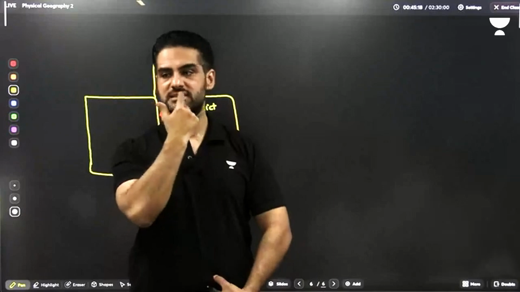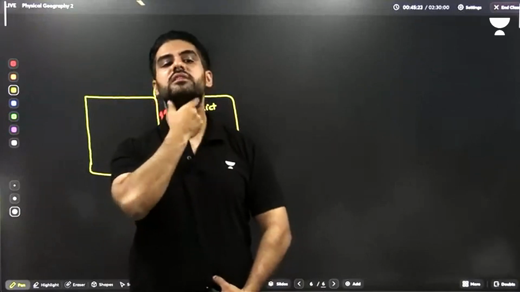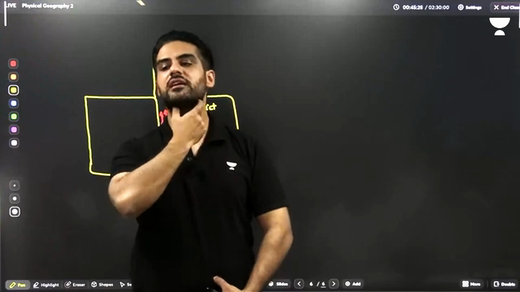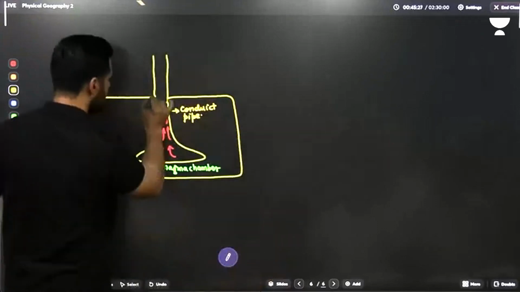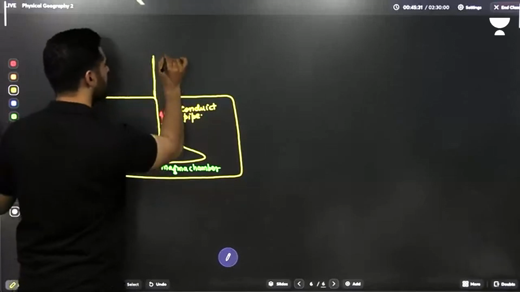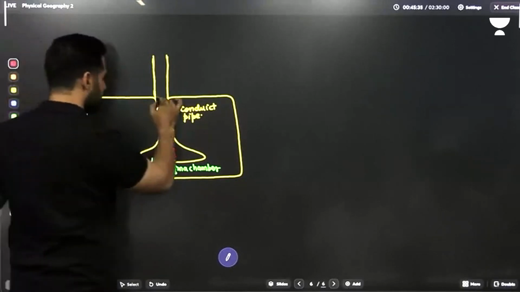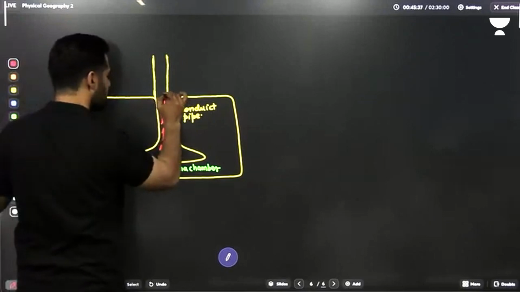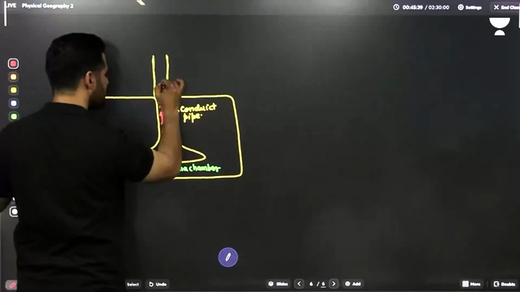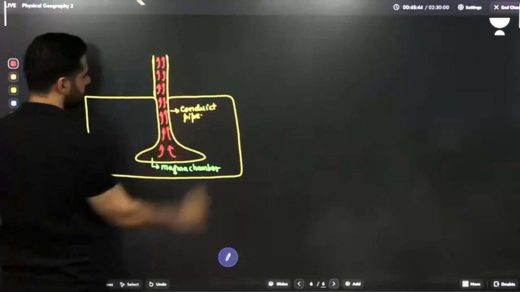This is my surface. Can I say this pipe is connected to this mouth through this passage called as neck? So similarly, as it reaches here, what is this called as the neck of the volcano? Am I clear with this? Through this material after breaking the surface will rise like this.